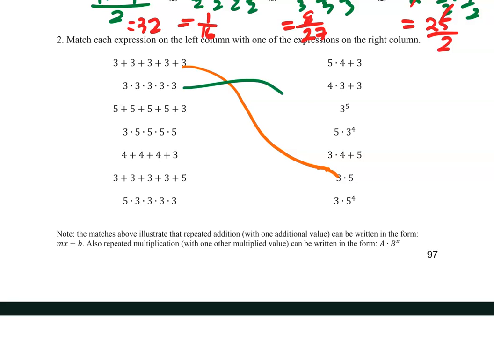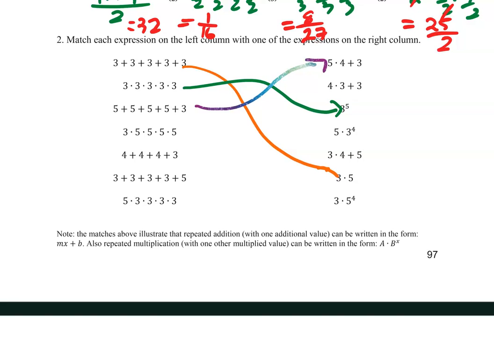So that is 3 to the 5th power. And then next is 5 plus 5 plus 5 plus 5 plus 3. You have 4 5's and 1 3. So 5 times 4 is 20 plus 3 is 23.